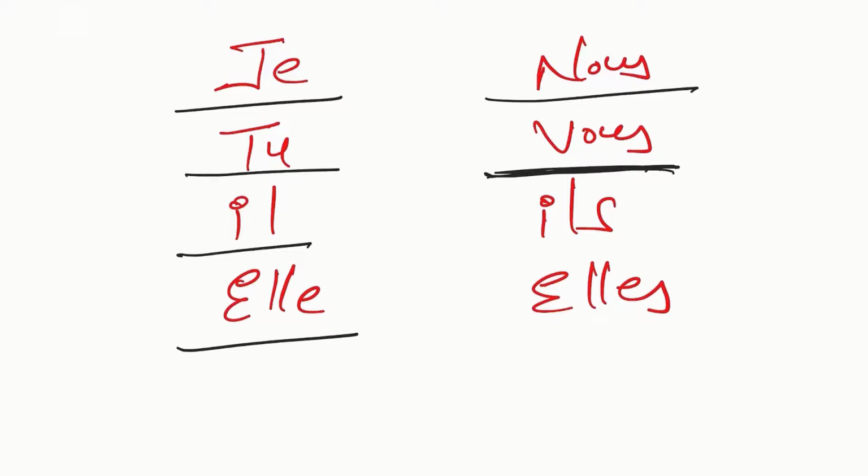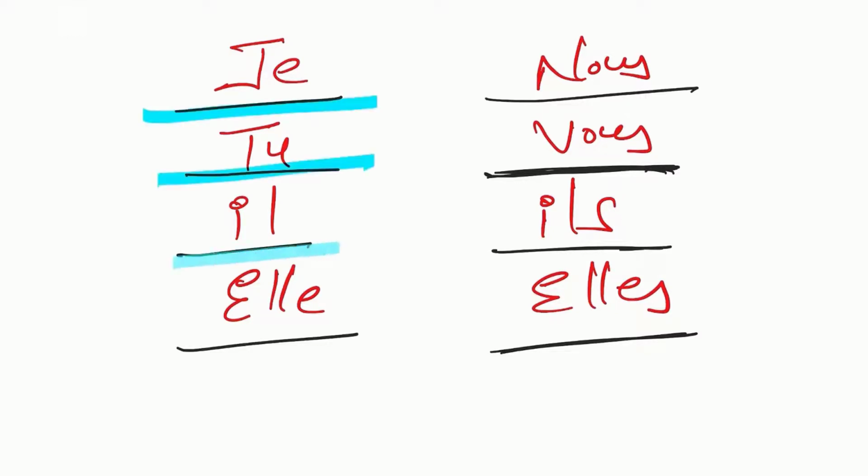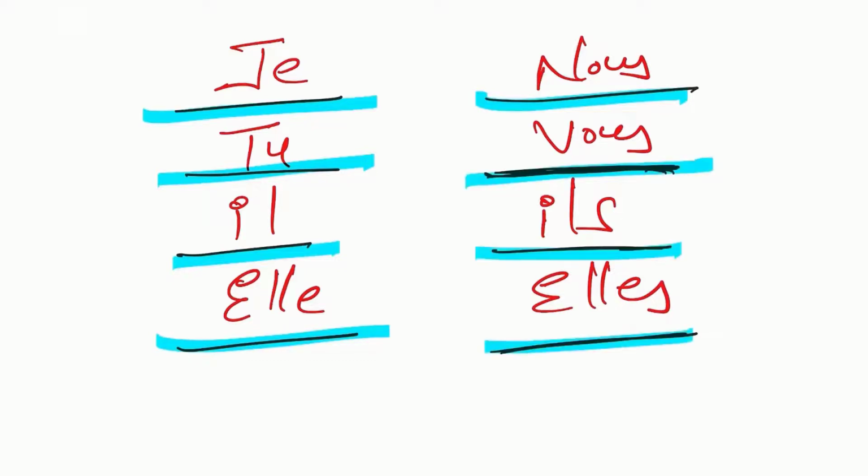Singular in a formal way, plural in both formal and informal. And this is ils, masculine plural, elles, feminine plural. So these are our pronouns: je, tu, il, elle, nous, vous, ils, elles. So there are 8 pronouns in French. Okay.